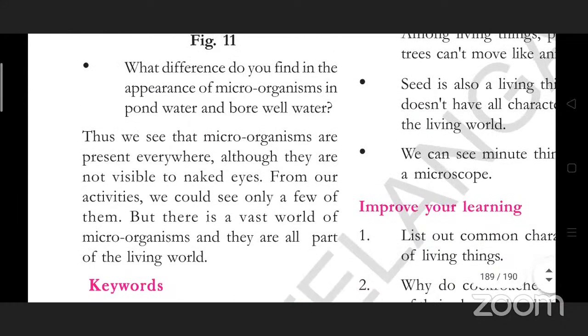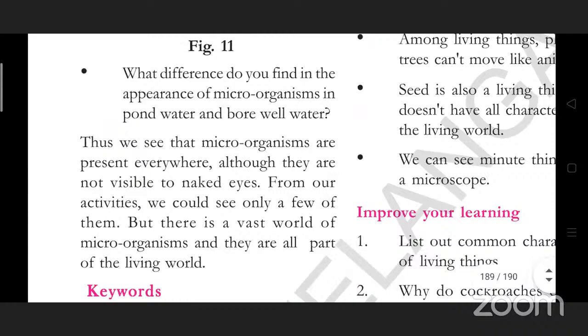Children, concentrate here. We discussed two useful bacteria. Lactobacillus is a useful bacterium. When we add a sample of curd to warm milk, what happens? You can ask your elders.